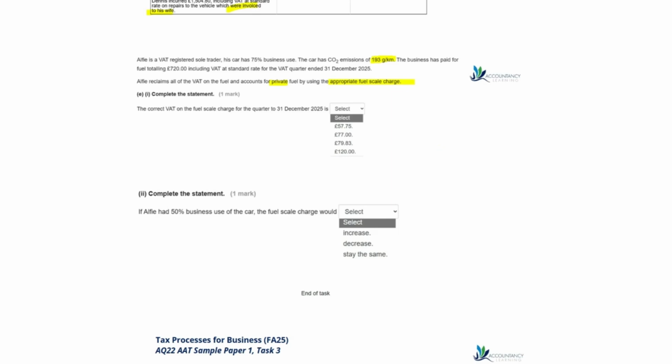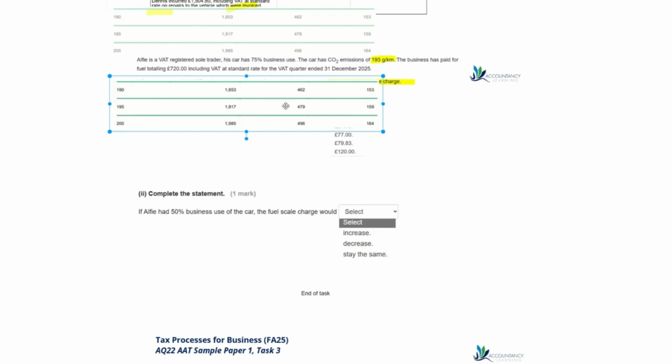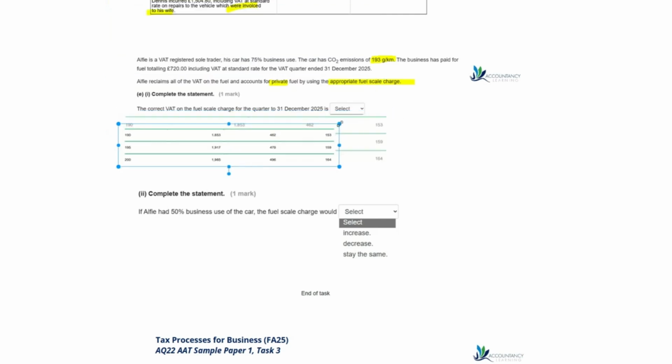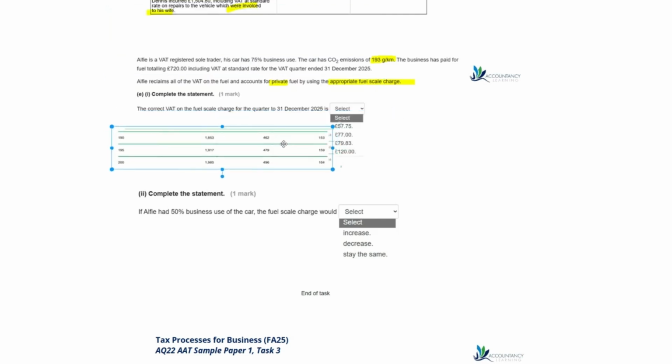So to bring up the relevant section, this is what you will see in your reference materials. And you've got annual, quarterly and monthly columns along with the emissions. So we always round down the emissions. So we've got 193. So we're going to be using the 190.